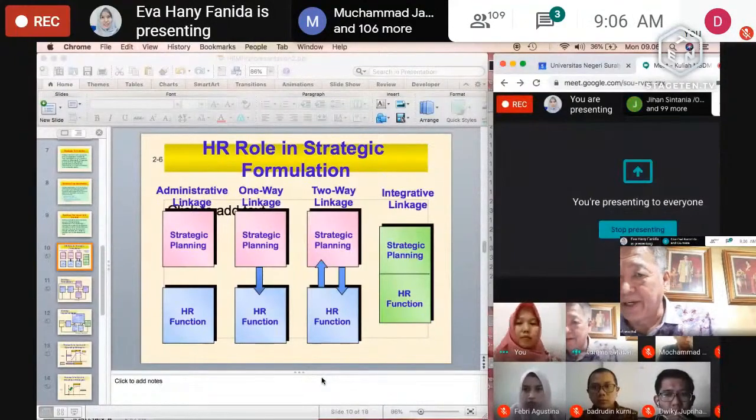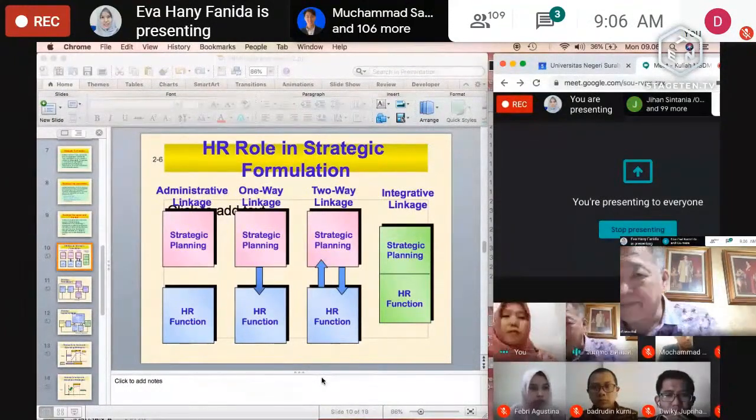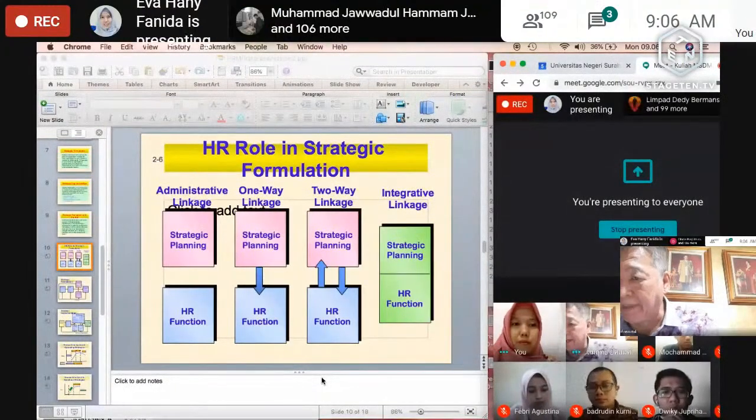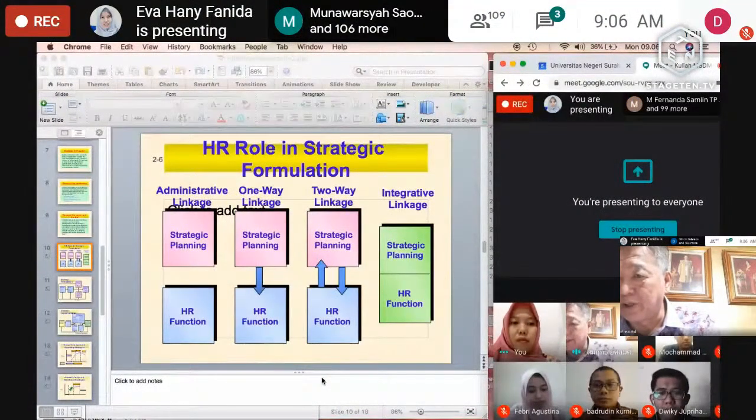The traditional first type, administrative linkage, is only a formal organization. Right now, the HR department has improved and developed a lot, so they work closely with the executive.